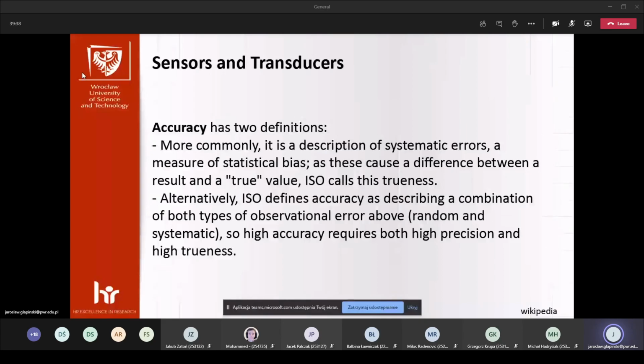So generally accuracy is the statistical bias of all these errors. We can measure something with some error, and this error is statistically measured, and we can have the accuracy of the measurement.